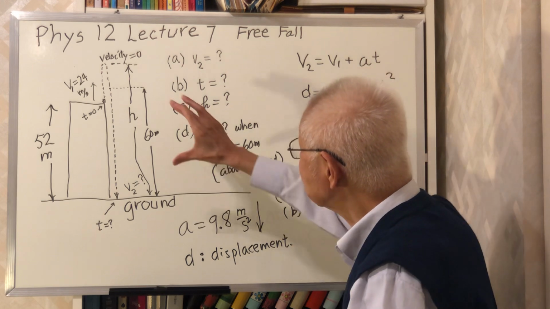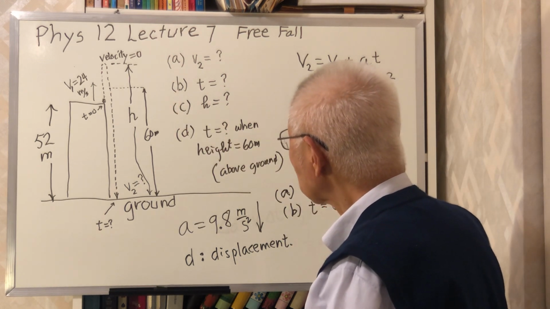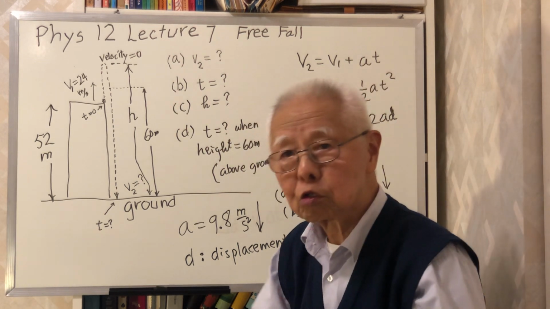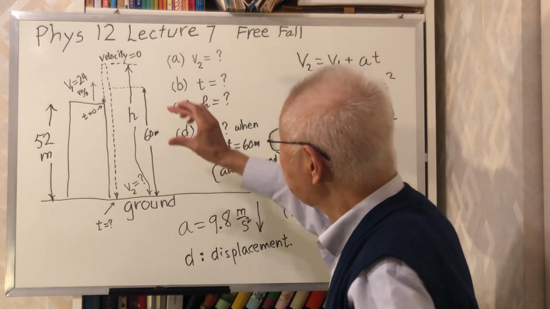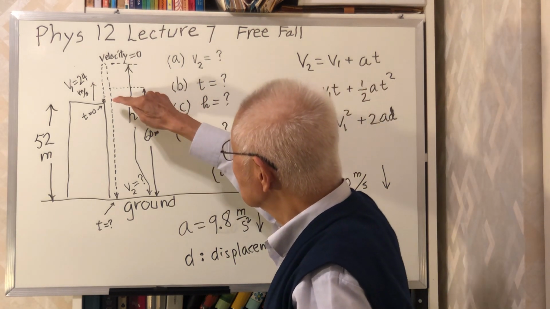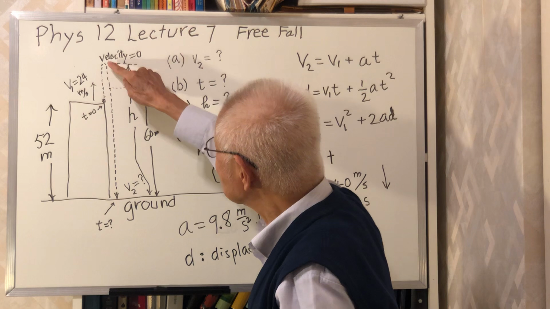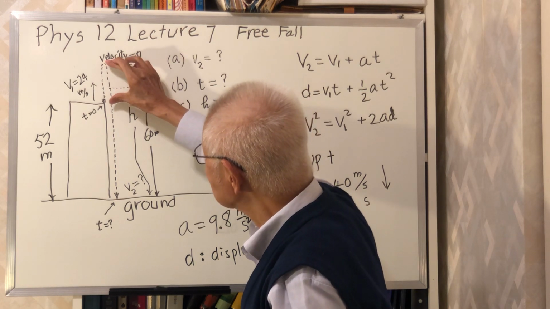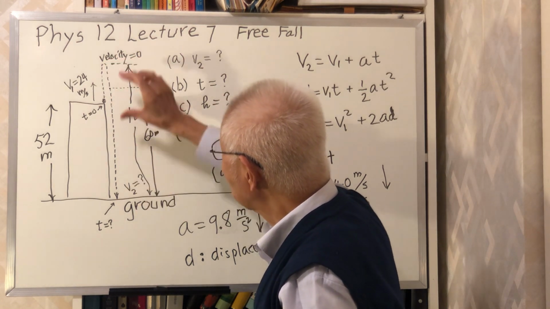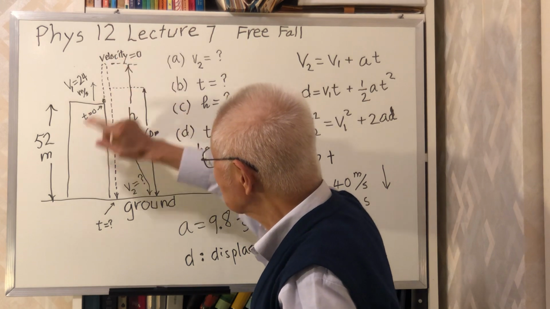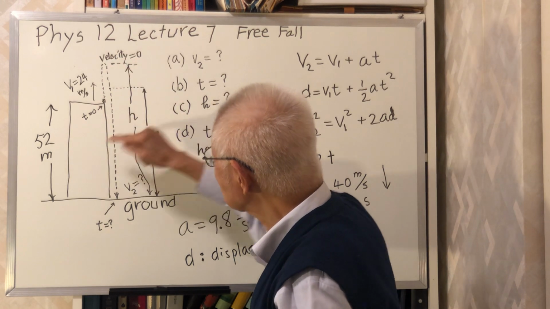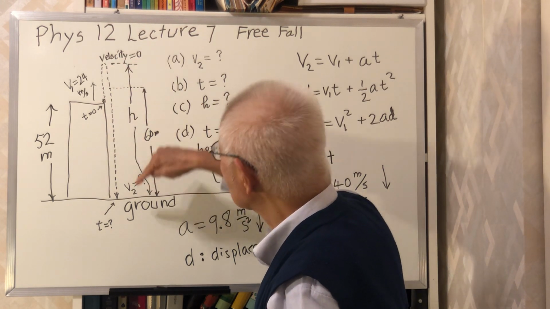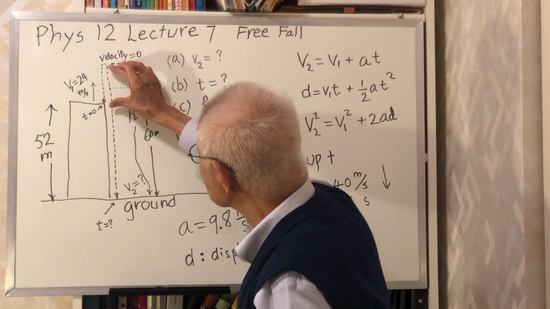How do you find this height? Let's break it into two parts. Find the height from the beginning to this point. Find this height. And then once you have this height, you add 52, then you get this height. How do I find this height?